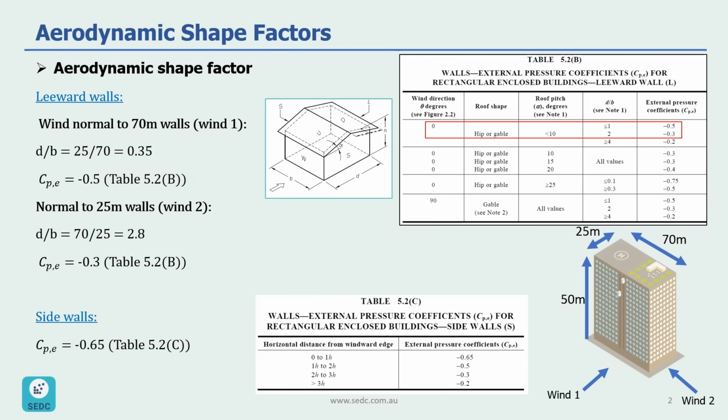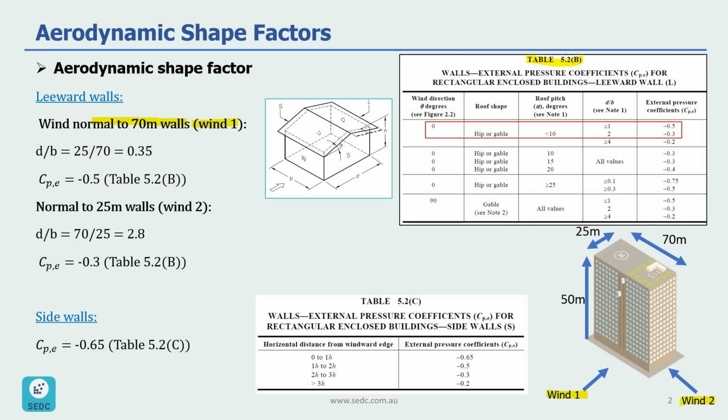For the leeward walls, I need to look at two different directions for wind loading. I'm calling these two different directions wind 1 and wind 2 in this picture. Looking at wind 1, it means the wind is normal to the 70-meter wall. So I need to look at Table 5.2(b) to determine the Cp,e factor.